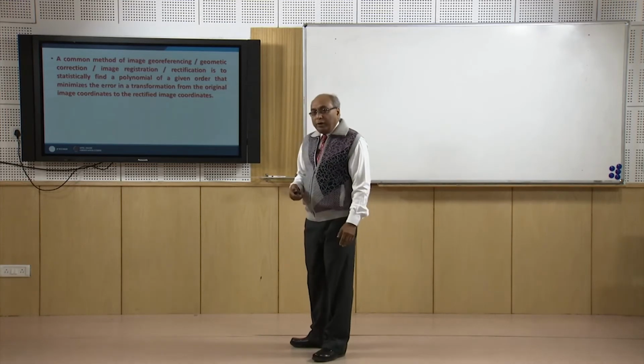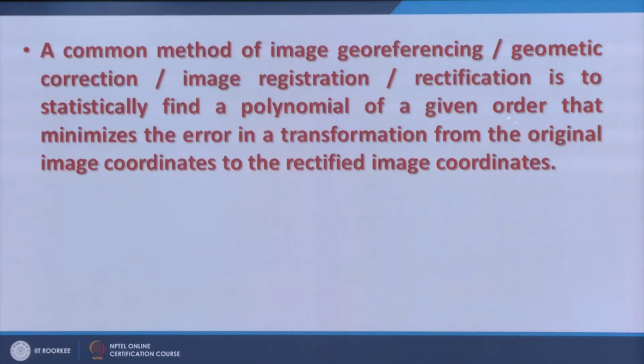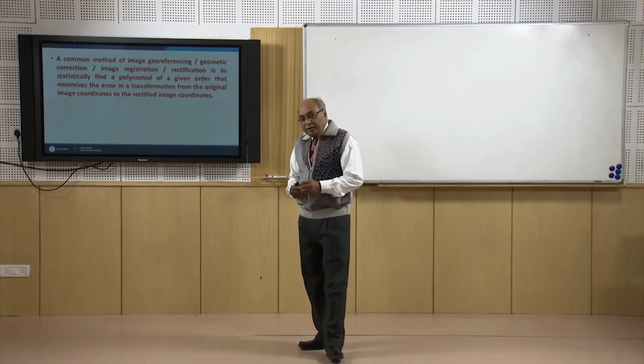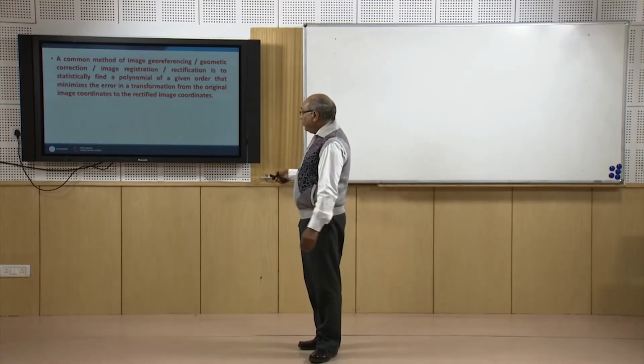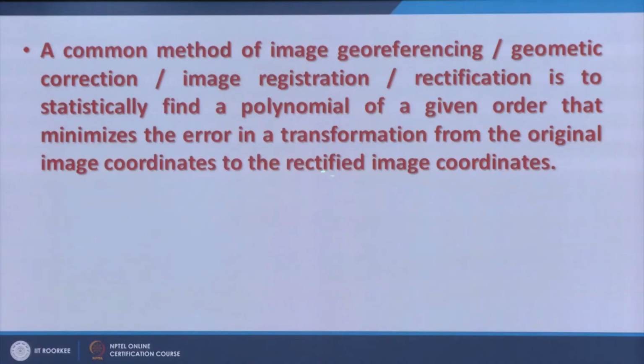Nowadays, the most popular term for this kind of processing is georeferencing. The method is to statistically find a polynomial of a given order. Depending on the distortions which you are expecting on an image, you would choose an appropriate polynomial equation, and that will minimize the errors in a transformation from the original image coordinates to rectified image coordinates.